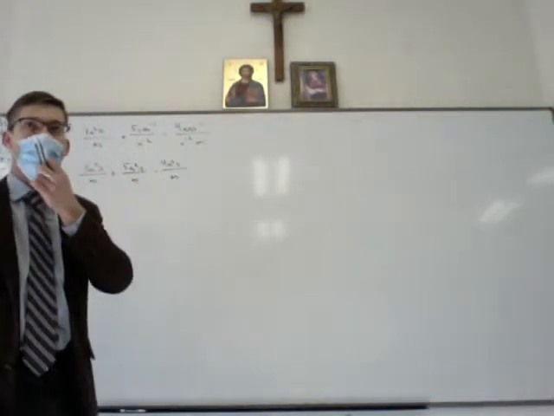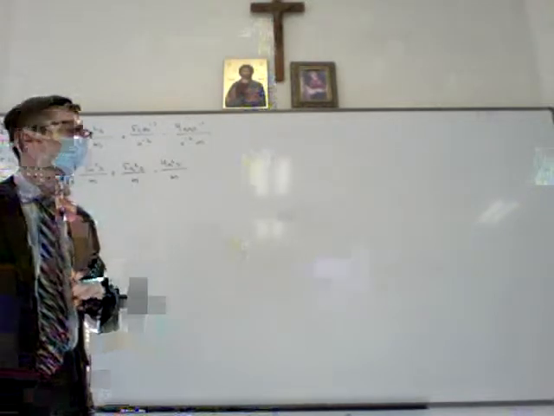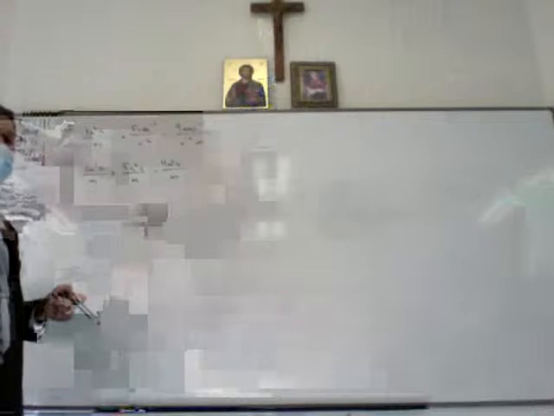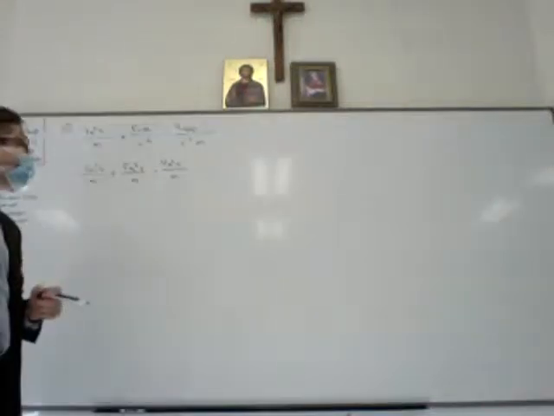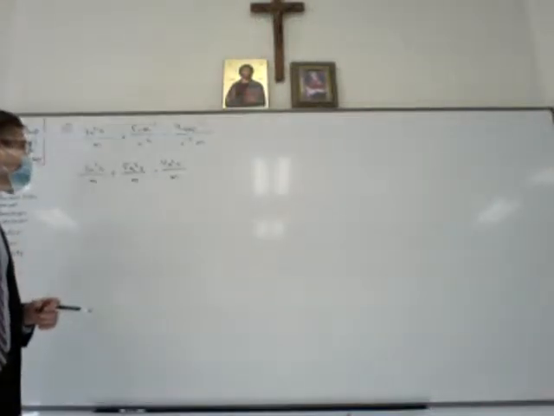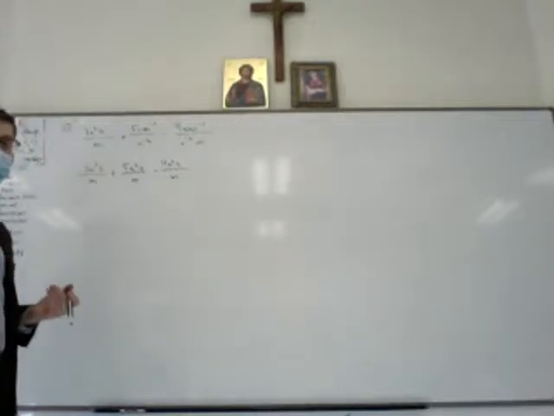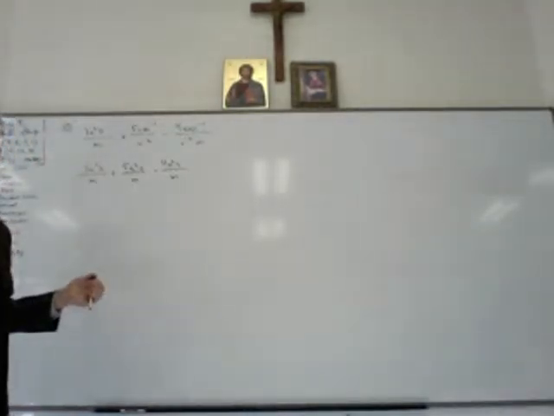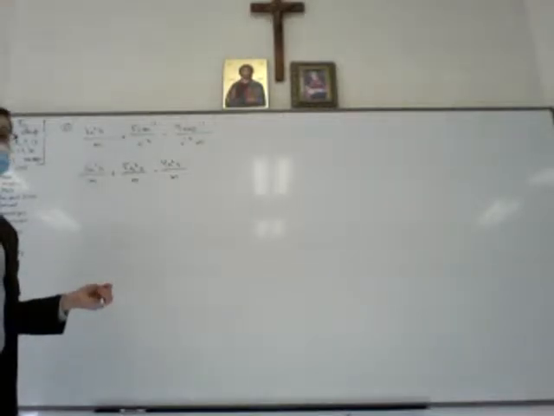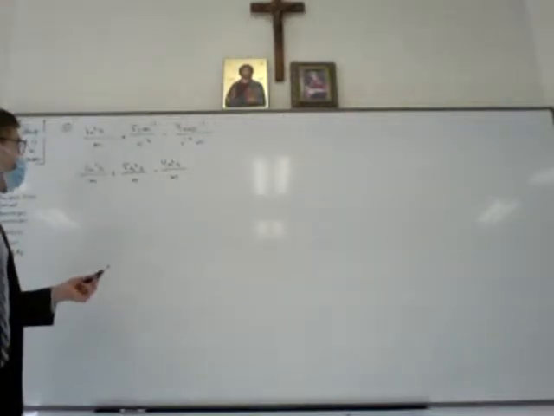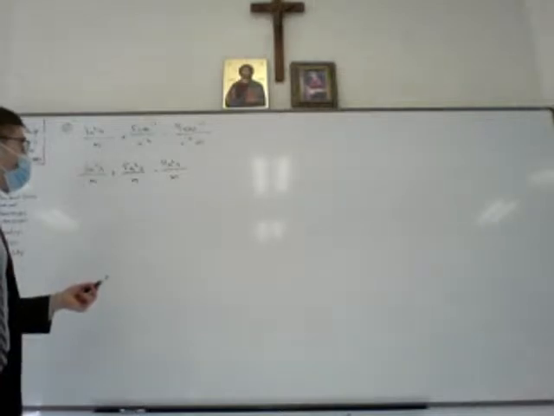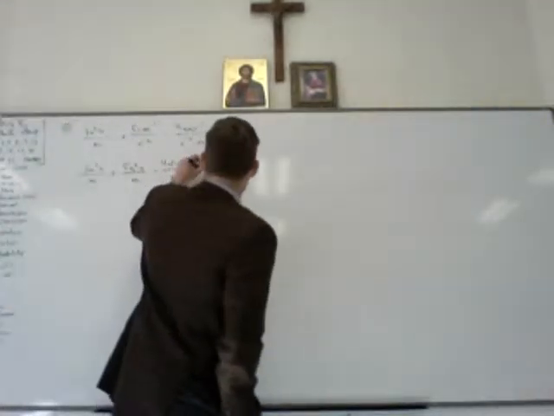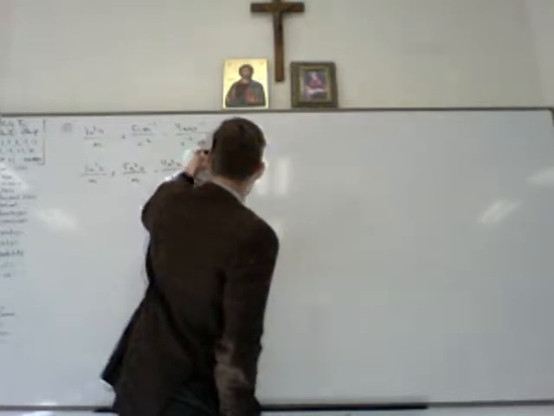So which ones are like terms? All of them. How are we going to add them, or how are we going to combine them? So you'll do 4a squared x over m.